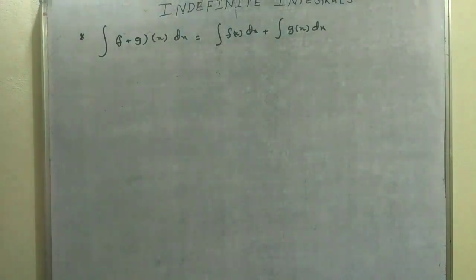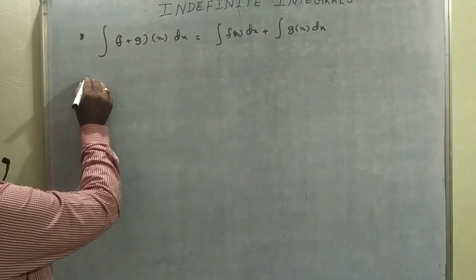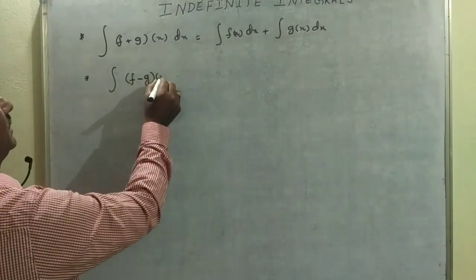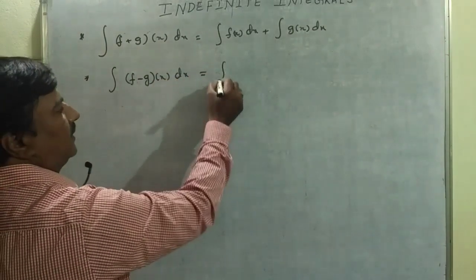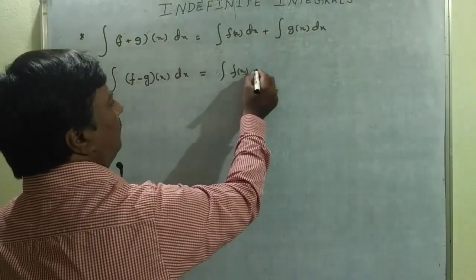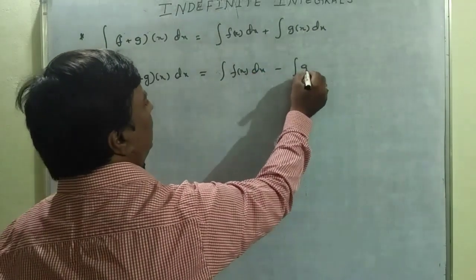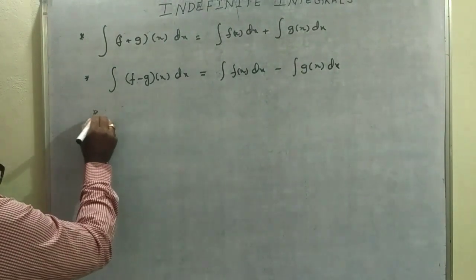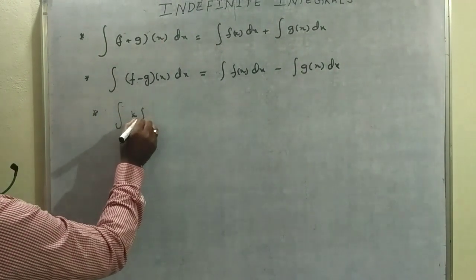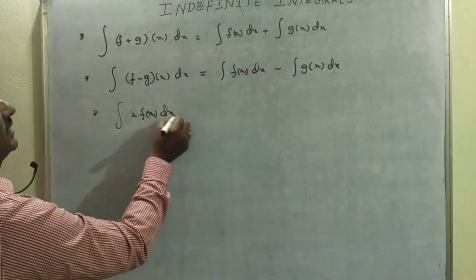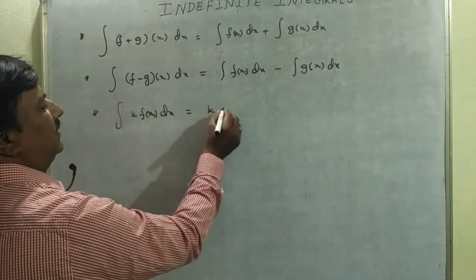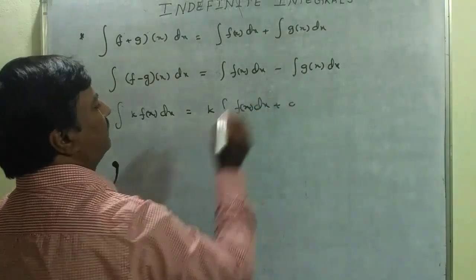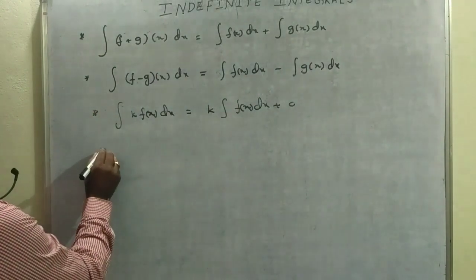In the same way, the integral of f minus g of x dx is equal to the integral of f of x dx minus the integral of g of x dx. Then the integral of k into f of x dx is equal to k into the integral of f of x, plus c.